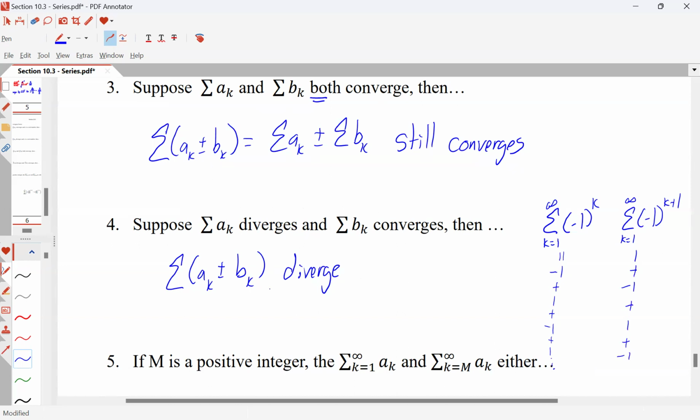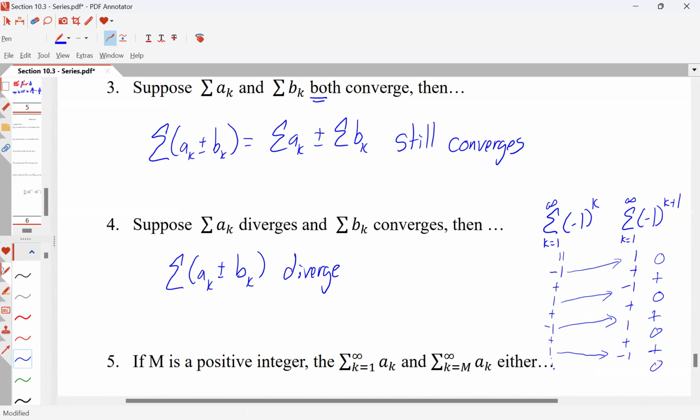When we add them together term by term, we actually end up with 0 plus 0 plus 0. So we don't have the divergence case of both of them diverging, because they might actually contradict each other and result in something converging.